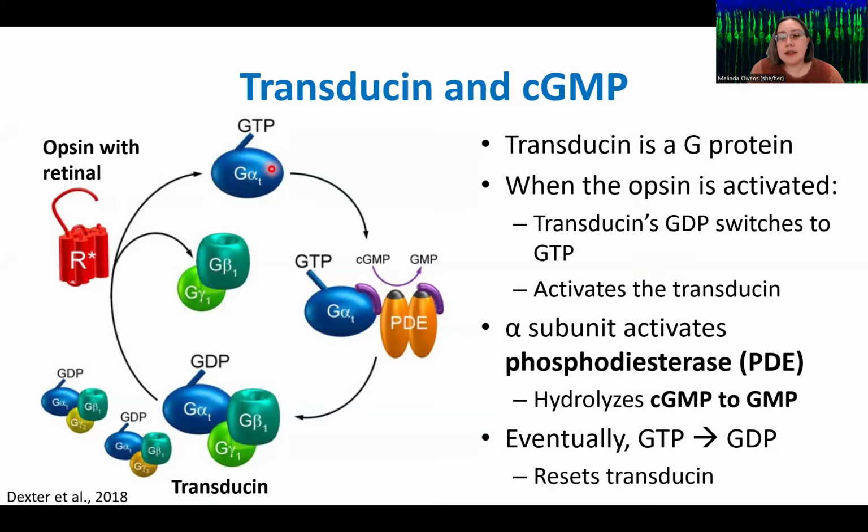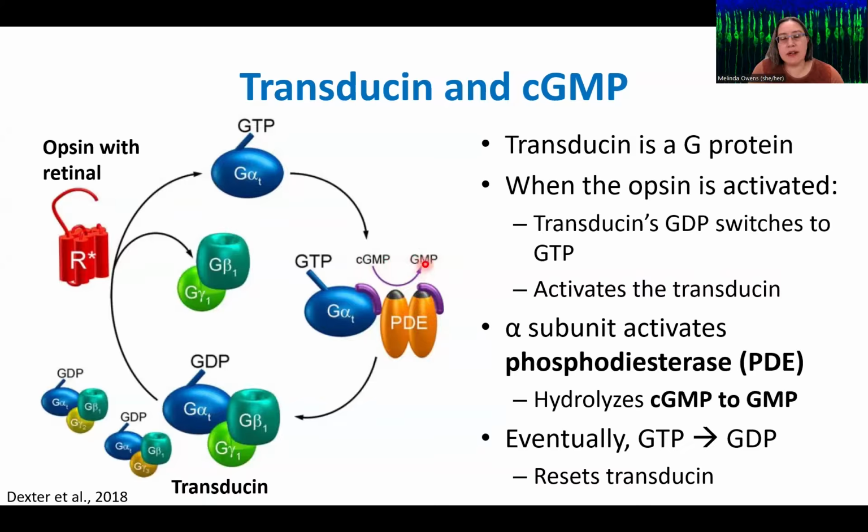Here it is the alpha subunit that does the most important stuff. When the alpha subunit is activated, it goes and activates a molecule called phosphodiesterase, or PDE. Phosphodiesterase then hydrolyzes cyclic GMP to just regular GMP.